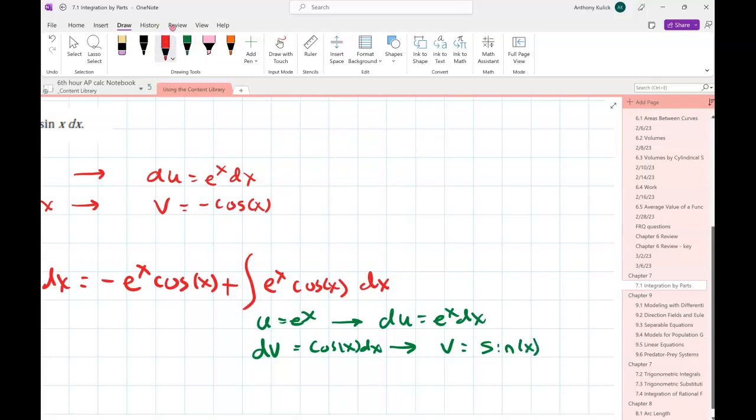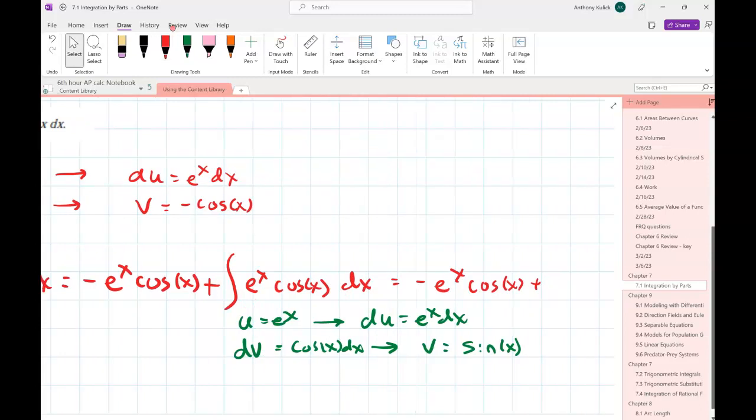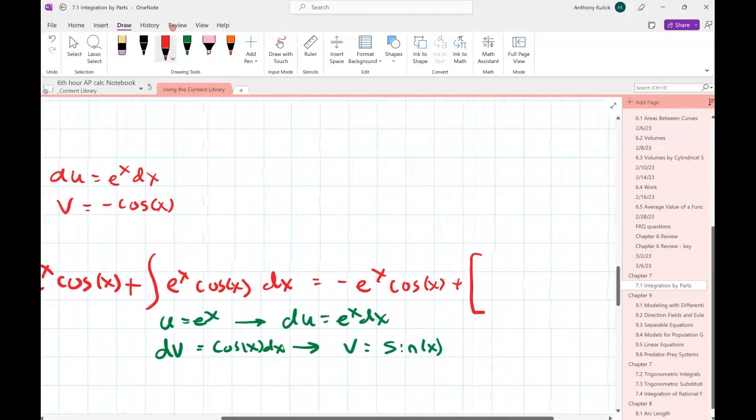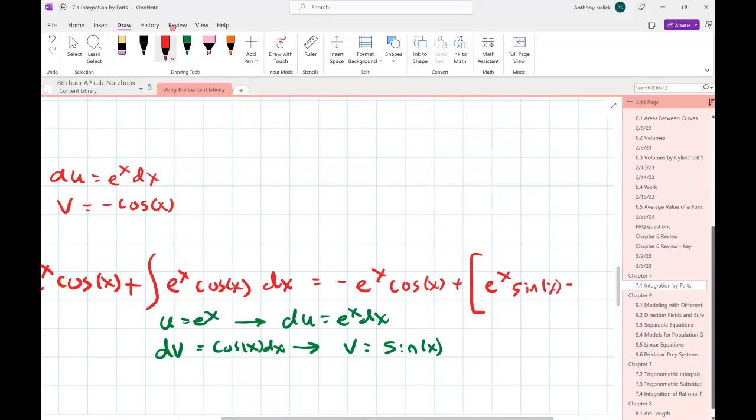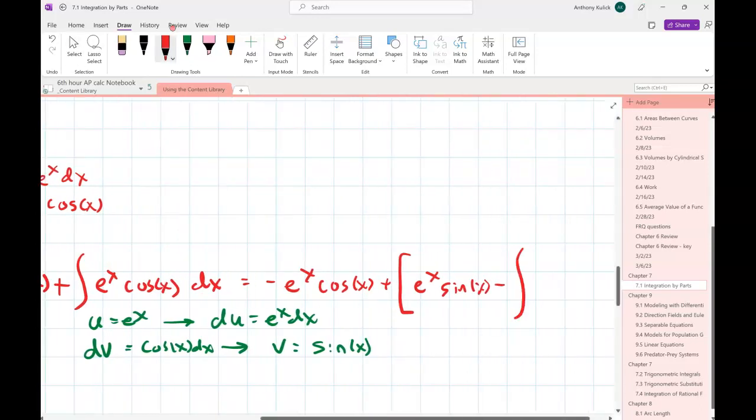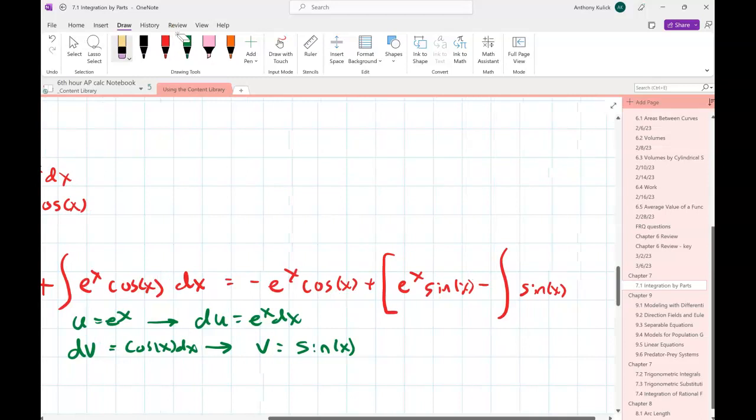Okay. So this is going to be negative e to the x cosine x plus, then we have u times v minus the integral of v du.